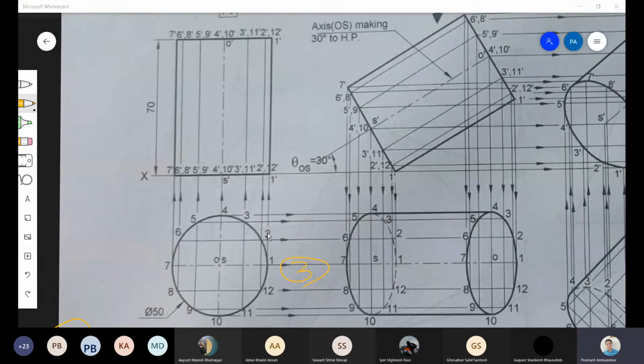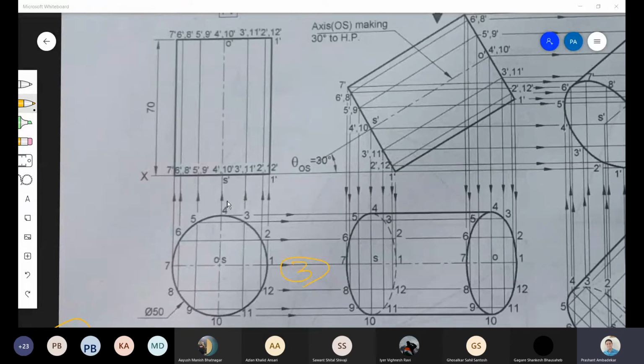See, 1 to 12, it's numbered here. They have numbered it 1 to 12 and they have not written A, B, C, D, E. The same numbers 1 to 12 are used for the base, and the same numbers 1 to 12 are used for the top. You can follow this also.